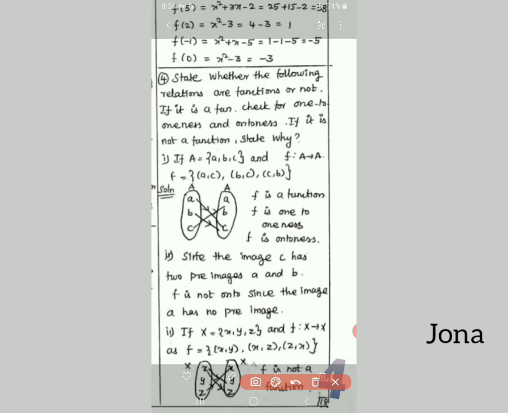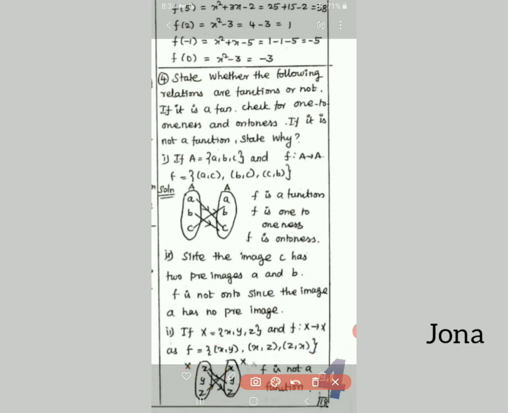The second one: if X equals {x, y, z} and f is a map from X to X defined as {(x, y), (x, z), (z, x)}. We want to draw the function as usual. X and X, both the sets are there. In the first set we have x, y, z, and in the second set also I have x, y, z.